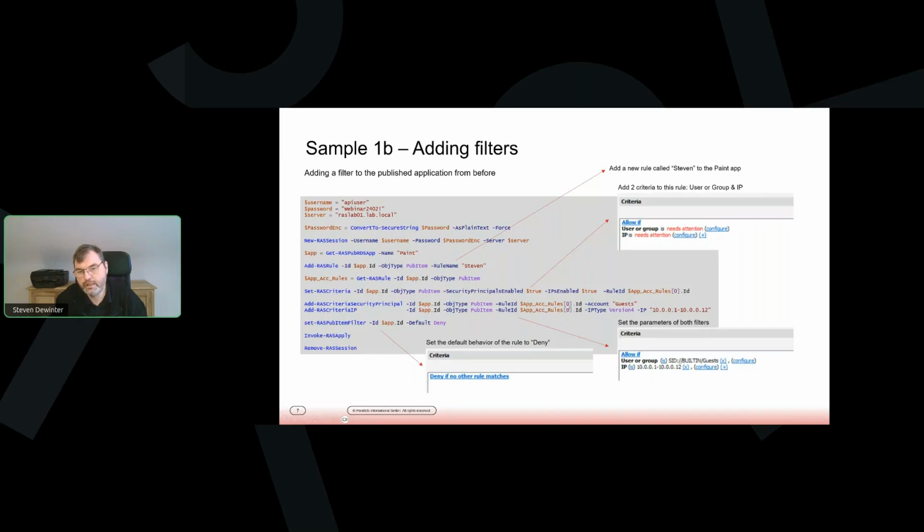That's what I'm doing here, criteria null ID, which will give me basically the ID of this rule. And I'm going to specify that the guest's account is allowed. I'm going to do the same thing for IPs. I'm just going to add a range. So I'm going to say that for this application, you need to be somewhere in the range from 10.0.0.1 to 10.0.0.12. So these are the parameters that I'm going to set.